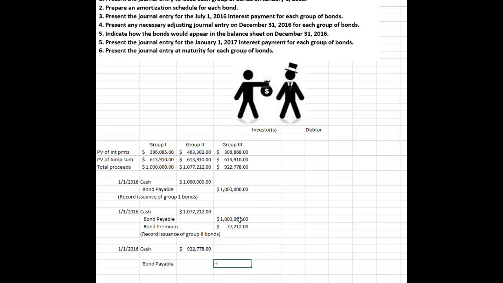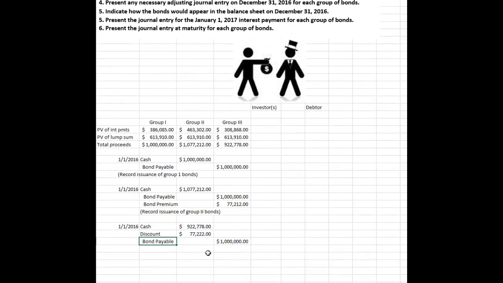Remember, we're only going to repay $1 million because that's the face amount on the bonds, and we have what's called a discount. We had to sell the bonds at less than face value. We had to put them on sale, in other words, by $77,222. And so this is to record the issuance of the Group 3 bonds.